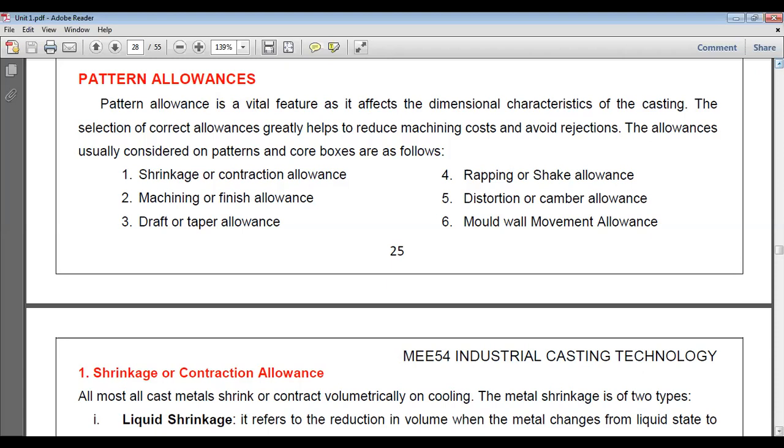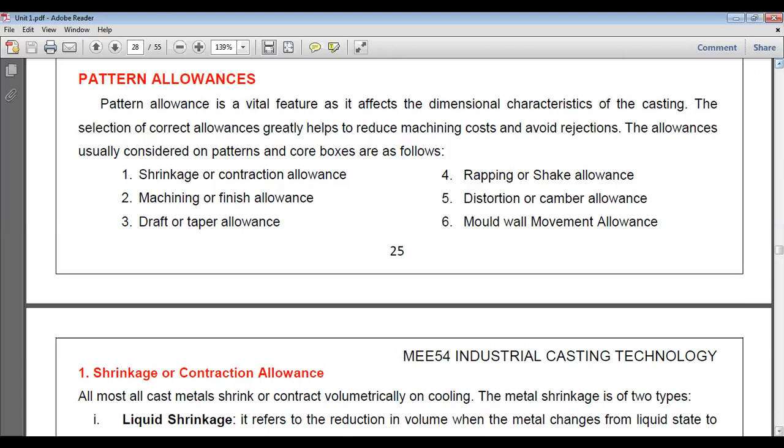This will be under the requirement. The requirement was a 10 mm shaft, but the material that is cast has now decreased to 9.5 or 9 mm. So this shrinkage is compensated in the pattern itself.